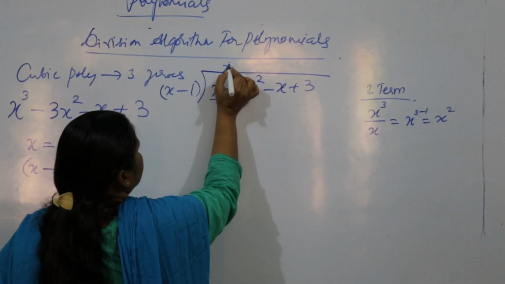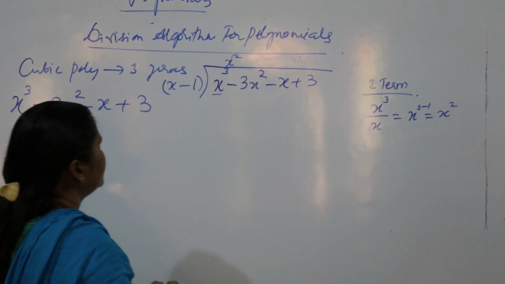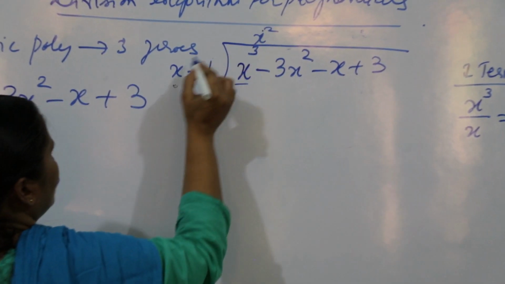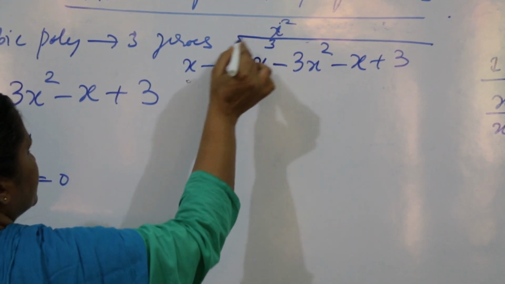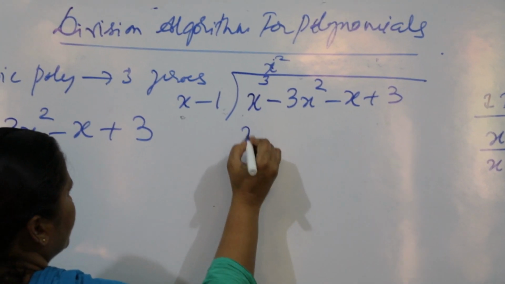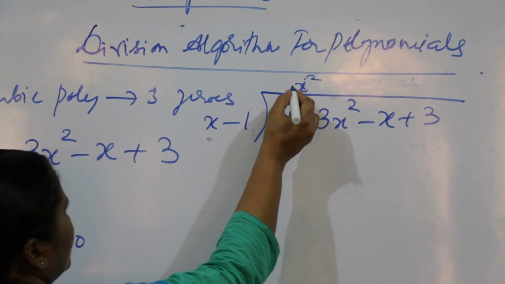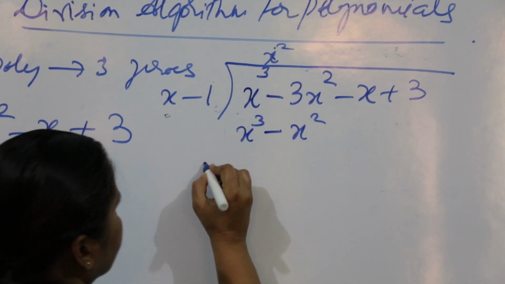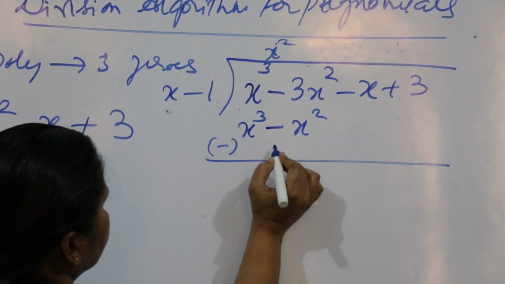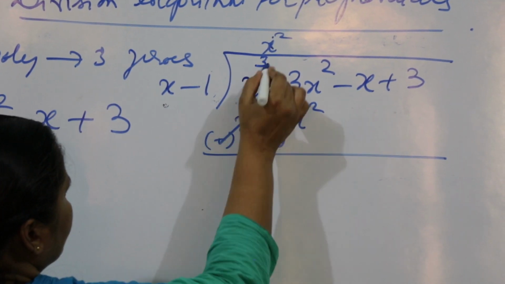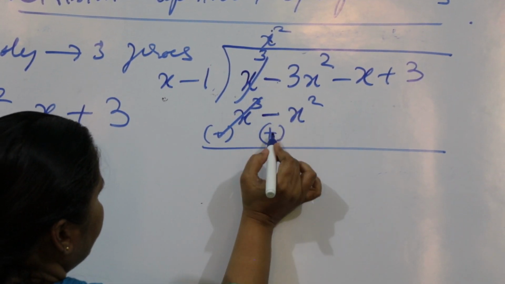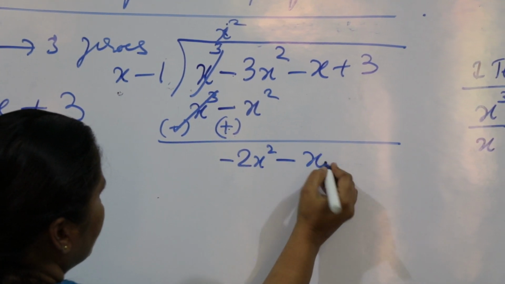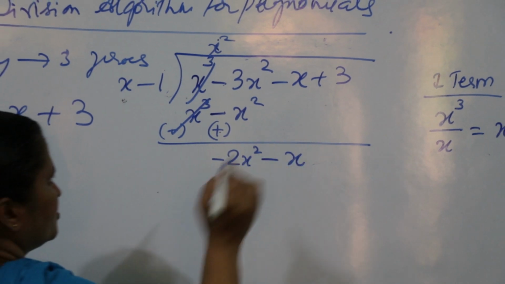So the first term of your quotient is x square. Multiply: x square times x becomes x cube, and x square times minus 1 is minus x square. Sign change, cancel, minus 3 plus 1 gives minus 2x square. Bring this term down.